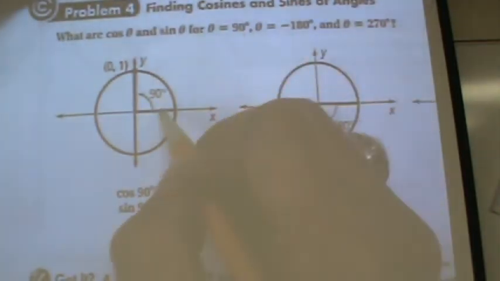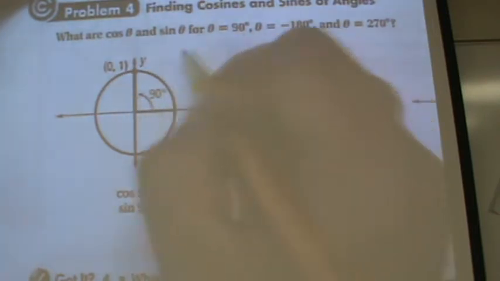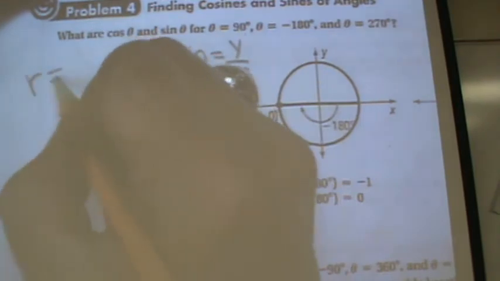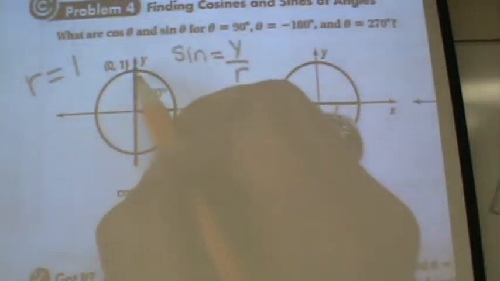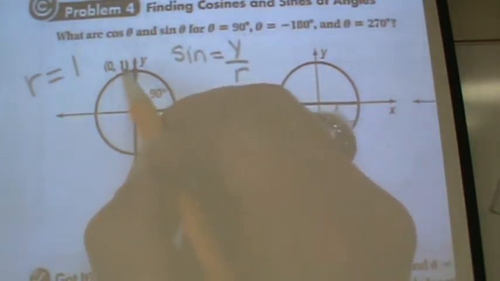Here is a 90-degree angle from here to here. So instead of saying what's the sine of 90 degrees, sine is defined as Y over R. And on this unit circle, R is always 1. The radius is 1. At 90 degrees, this ordered pair is 0, 1.